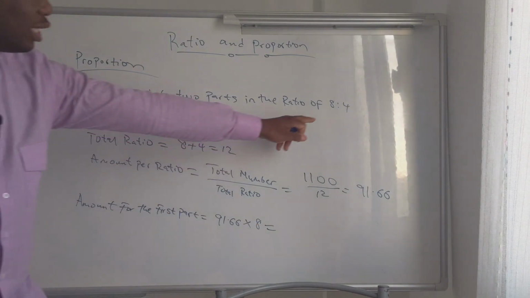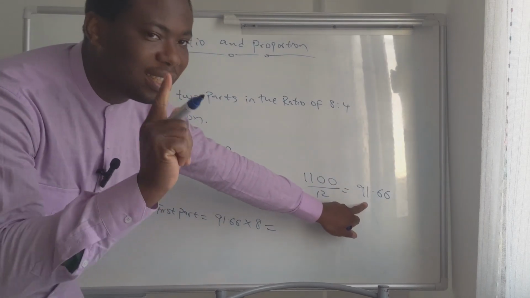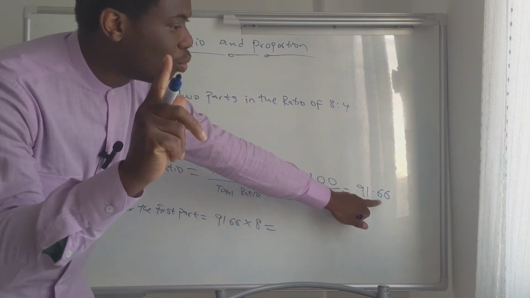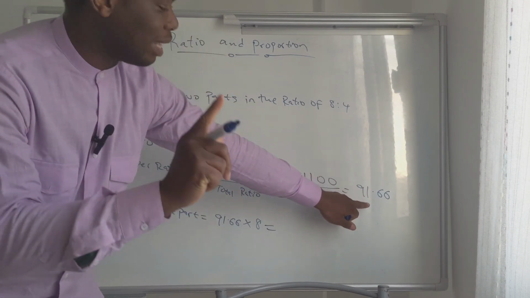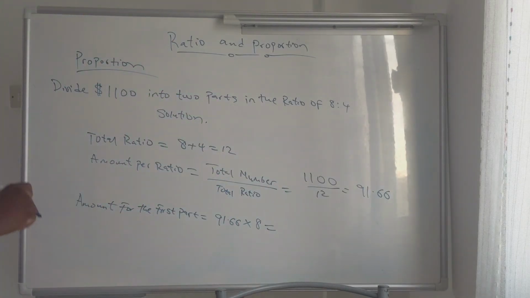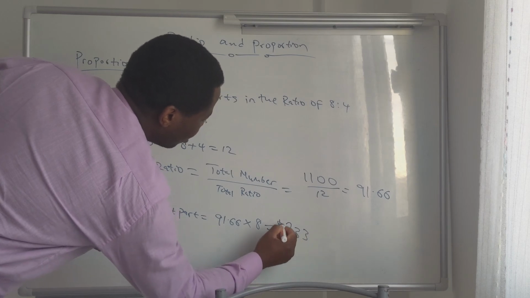The amount for the first part, which is 8, is equal to 8 multiplied by the amount for each ratio, the amount for the ratio of 1. So we're going to end up getting $733.